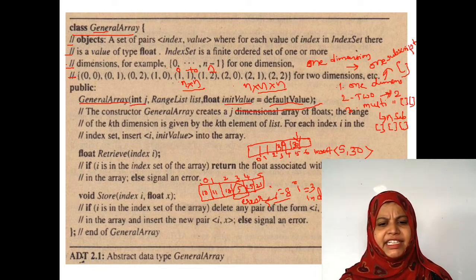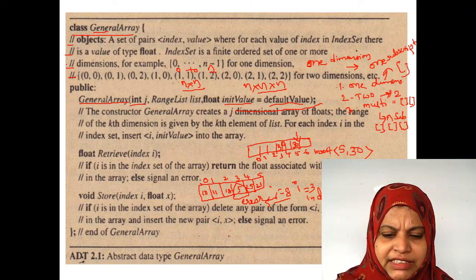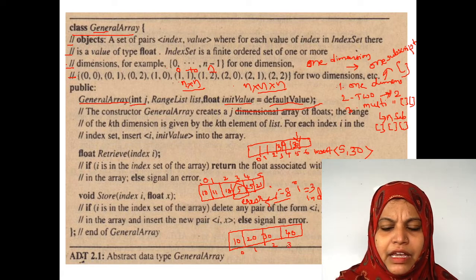If I is in the index set of the array, delete any pair I comma y present in the array and insert the new pair I comma x, else signal an error. Storing the information means, for example, here this is the array: 0, 1, 2, 3.